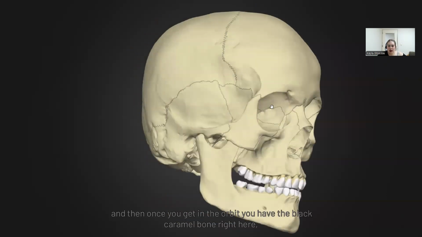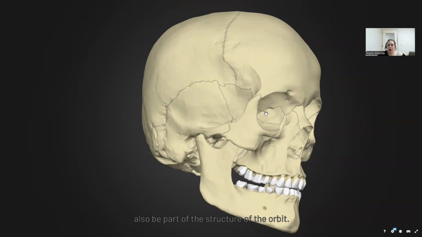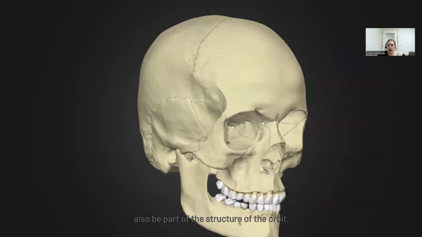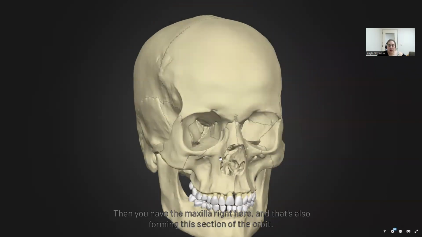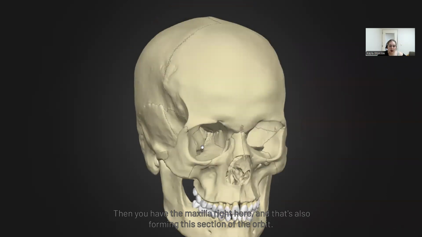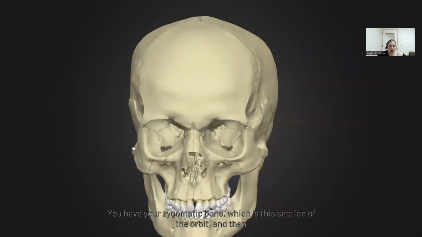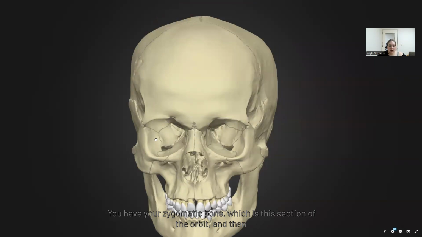Once you get in the orbit, you have the lacrimal bone right here, and then right here, you can see a lot more of the ethmoid bone, which is also part of the structure of the orbit. Then you have the maxilla right here, which is also forming this section of the orbit. You have your zygomatic bone, which is this section of the orbit.